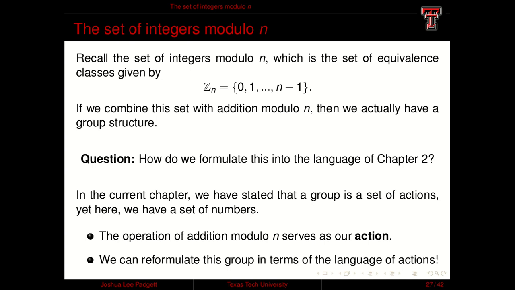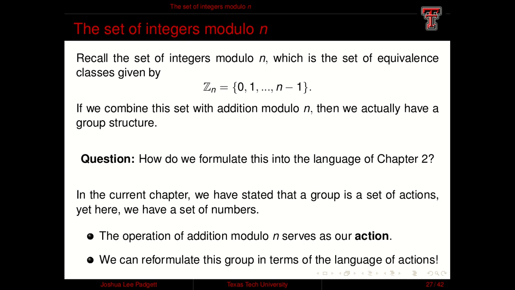We want to somehow convert this into simply a set of actions that satisfy the group definition. So the operation of addition modulo n will be our action. Somehow that's going to be the thing that provides us with our actions. The idea is if I take a number and I add another number to it from this set, using the definition of addition modulo n, I land back in this set.